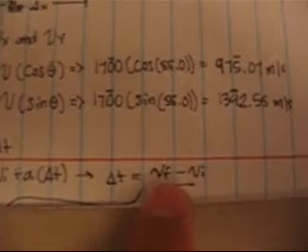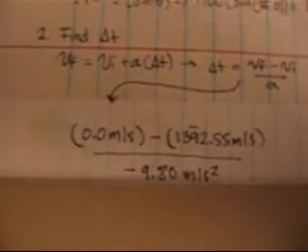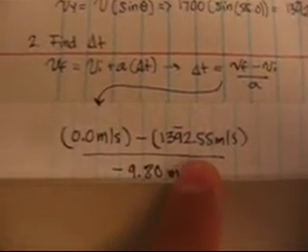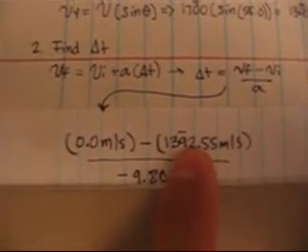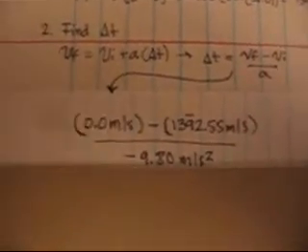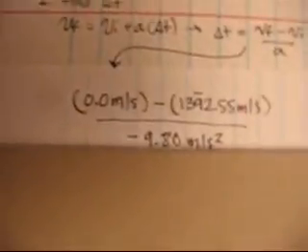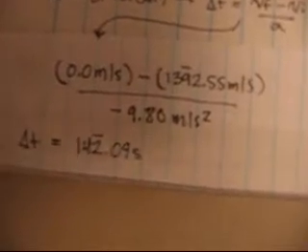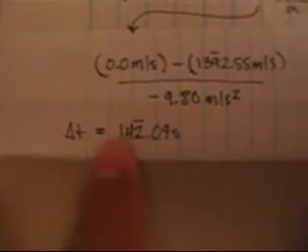So initial, final, and we just plug that in. So it's 0, this number, 3 sig figs counting, and acceleration, which is also 3 sig figs. We get a time right here, counting 3 sig figs.